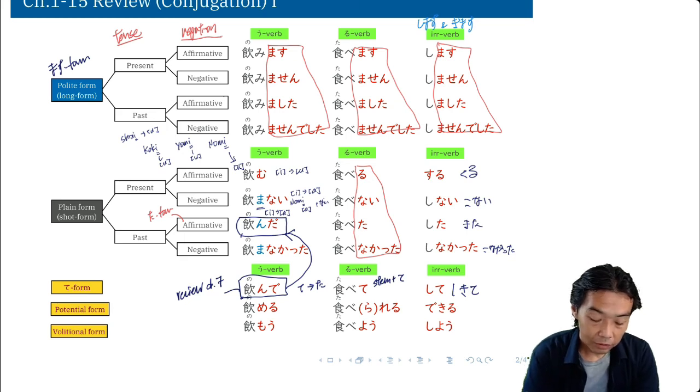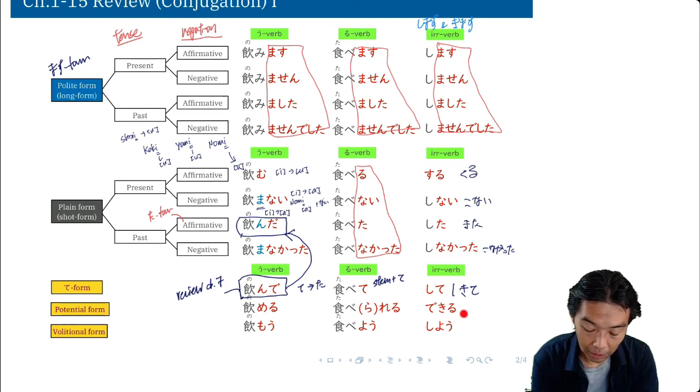Potential form, volitional form. I'm gonna skip these two because I guess by now you already know what you have to do. For irregular verbs, you just have to memorize できる, 来れる, 来られる, and しよう, 来よう.